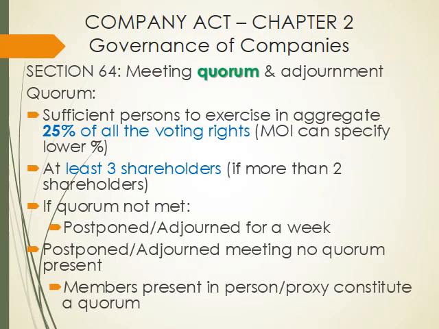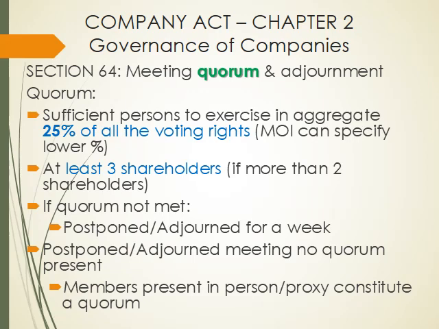Section 64 talks about the quorum. So there needs to be at least 25% of all of the voting rights present at a meeting, sufficient persons to be able to exercise 25%. The MOI, however, can specify a lower percentage, but as a minimum at least 25% or at least 3 shareholders if more than 2 shareholders are present.